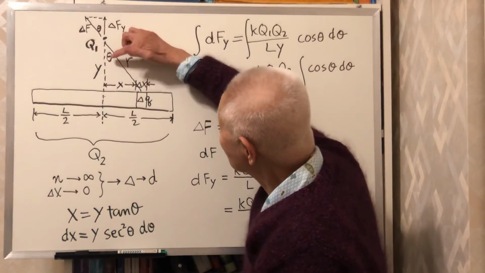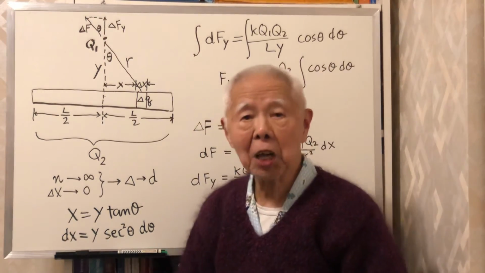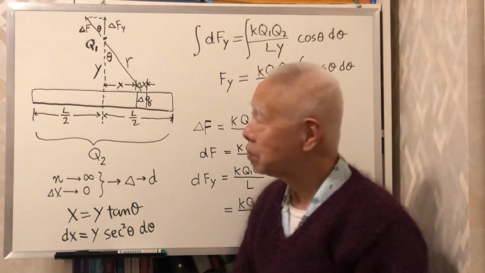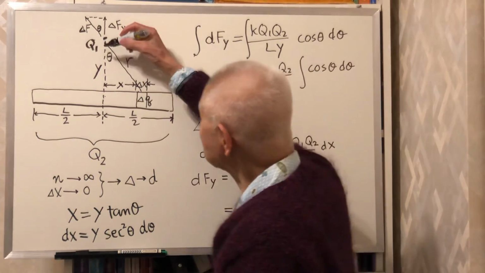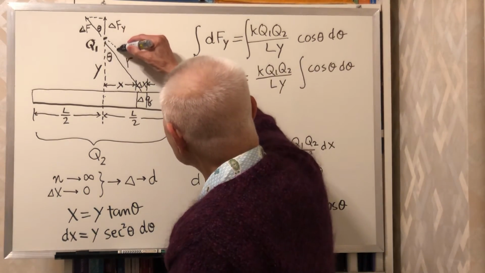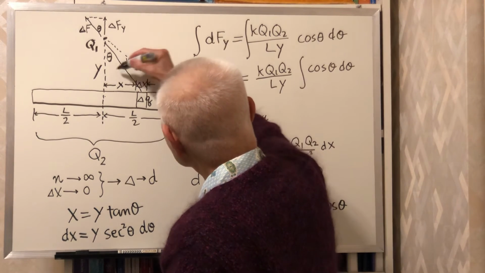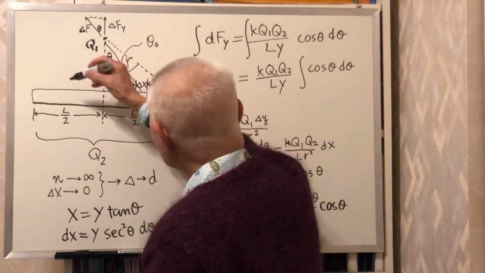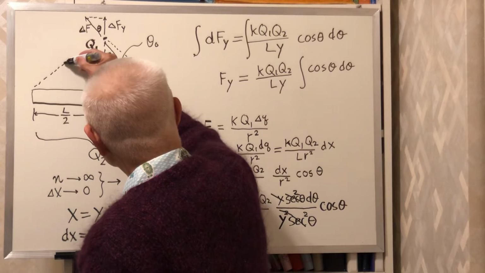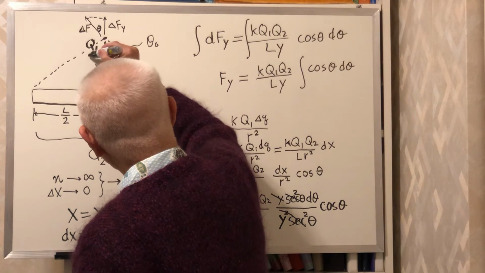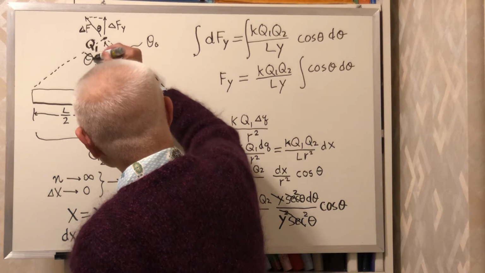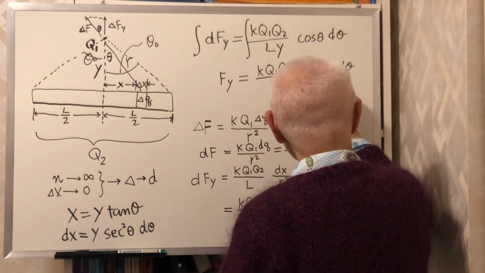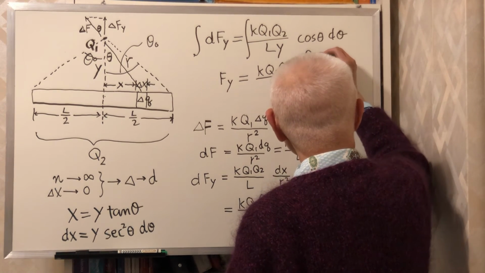This angle and this angle have the same magnitude, except one is negative, the other one is positive. Suppose I call this theta 0, then of course this is also theta 0. So my limit is negative theta 0 to positive theta 0.